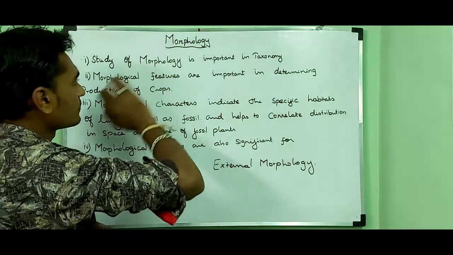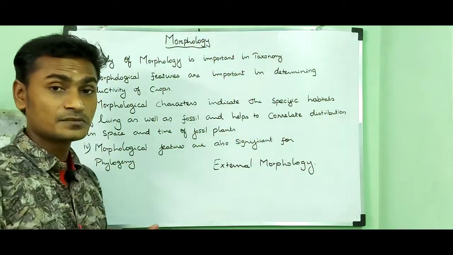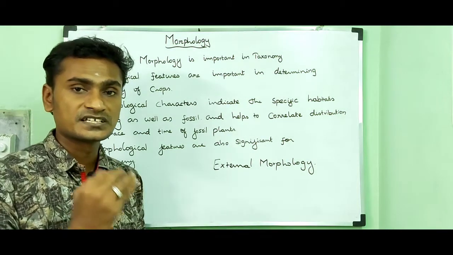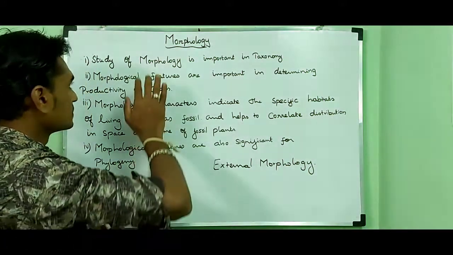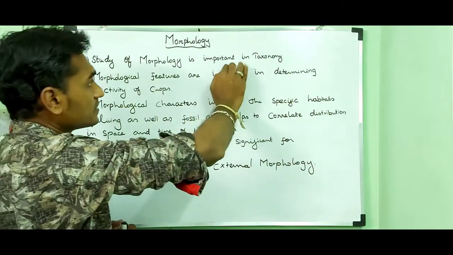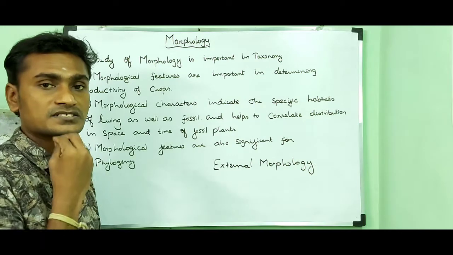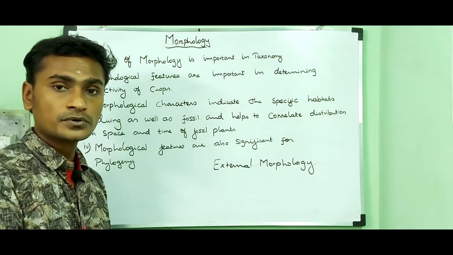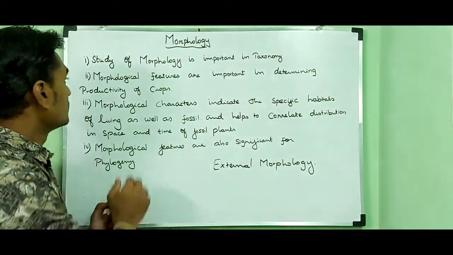The study of morphology is important in taxonomy. So taxonomy includes identification of plants, classification of plants and naming of the plants. So the morphology oda important என்னன்னு பார்த்தீங்கன்னா it is important in taxonomy. So grouping of plants. நம்ம plants name பண்ண முடியும், பெயர் சூட்ட முடியும், ஐடென்டிஃபை கண்டுபிடிக்க முடியும், then classify பண்ண முடியும், வகைப்படுத்த முடியும்.